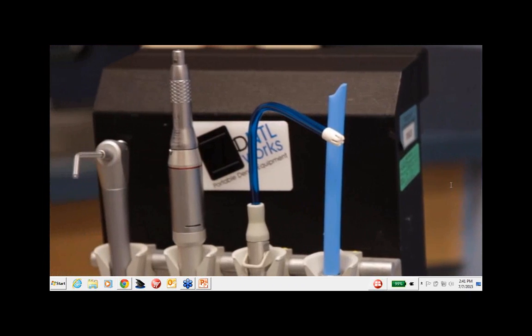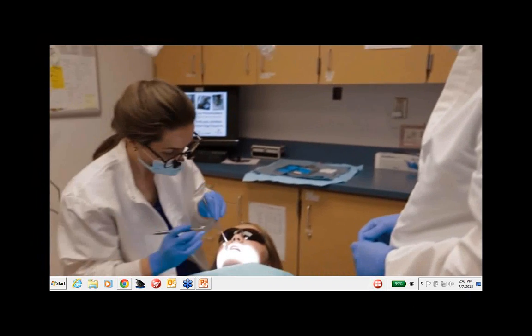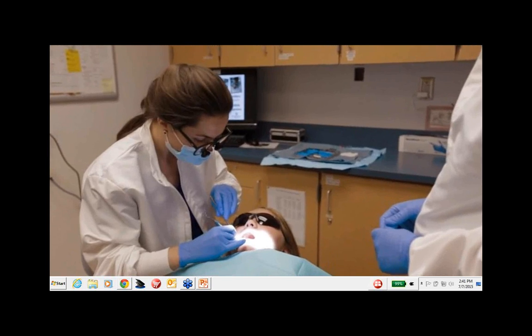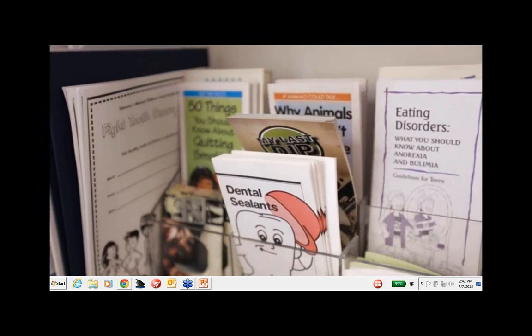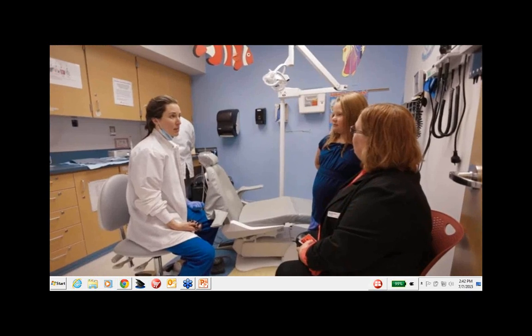So students receive prophylactic services for cleaning, sealant, varnish application, and if they need restorative services, there's an avenue for that to happen as well. Patients won't be denied services for lack of insurance, but we certainly encourage them to look at all the avenues that they have.